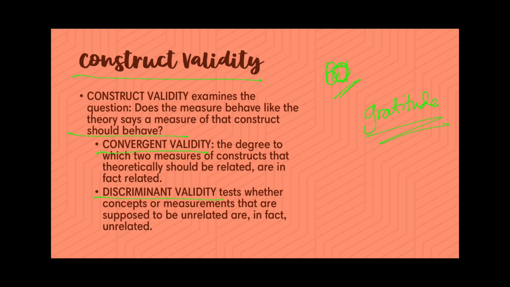When you try to correlate them using the usual correlational or regression statistics, they should not be significantly correlated for us to have discriminant validity. Because again, the argument is that if the theory says this is a precise construct, your measurement should not overlap with the variables that it is not supposedly correlated with. So those are some of the activities that we do under construct validity.